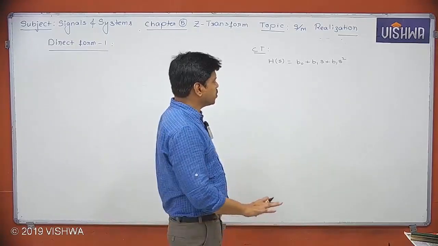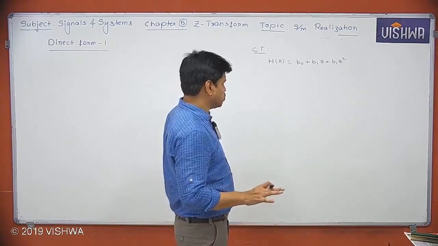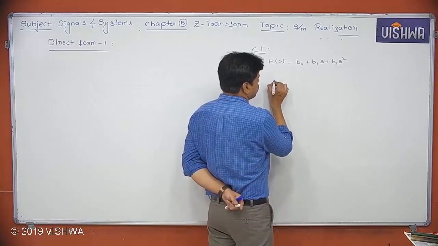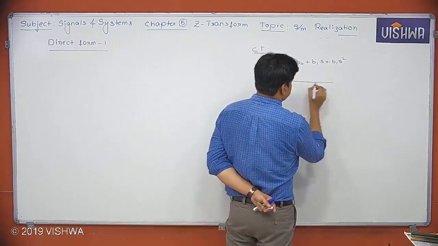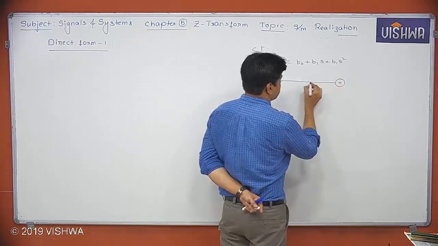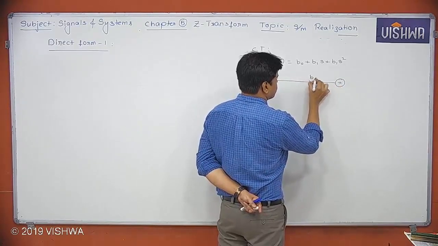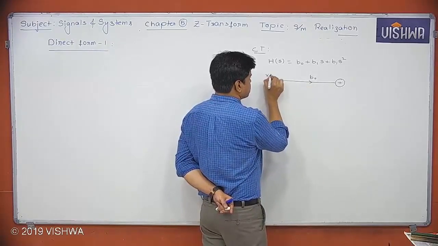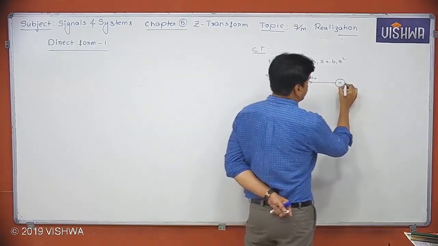That means I want to show it like a block diagram. How can we show this? Try to understand. Here X of s is there, here Y of s is there.